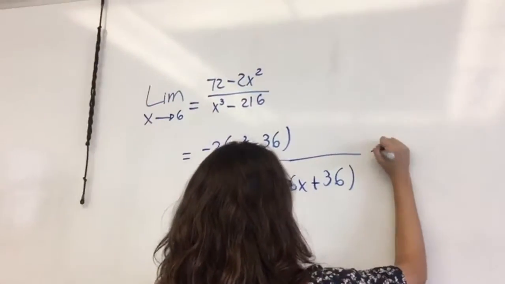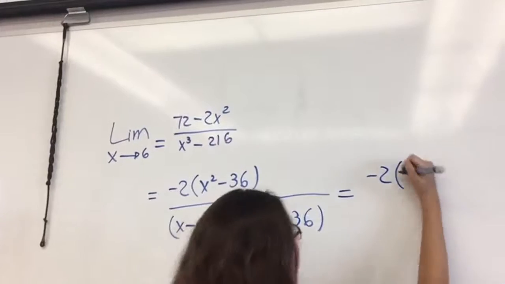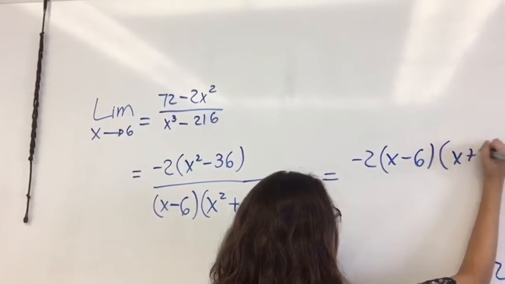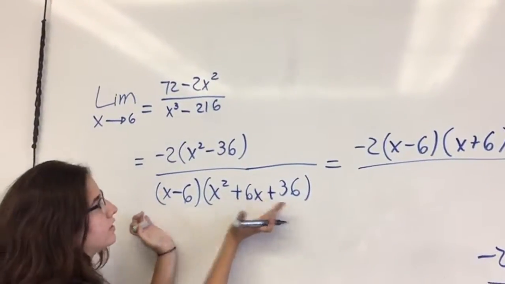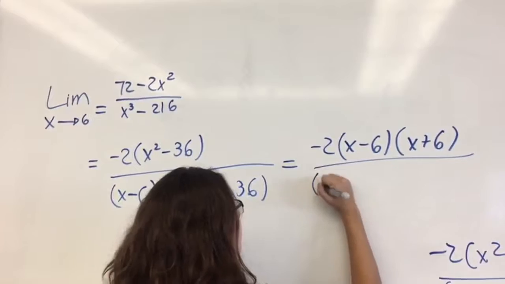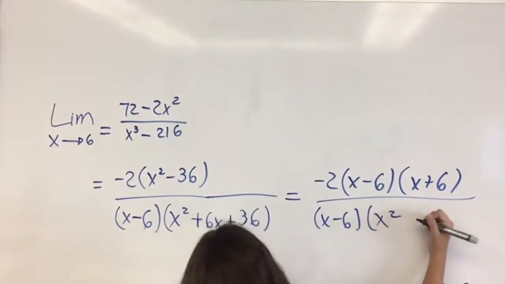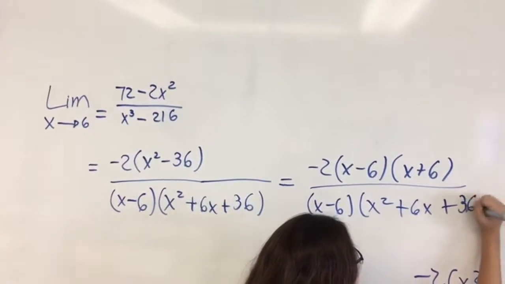So we're going to put equals negative 2 outside the parentheses, (x minus 6)(x plus 6) over, and you copy the lower part here, (x minus 6)(x squared plus 6x plus 36).